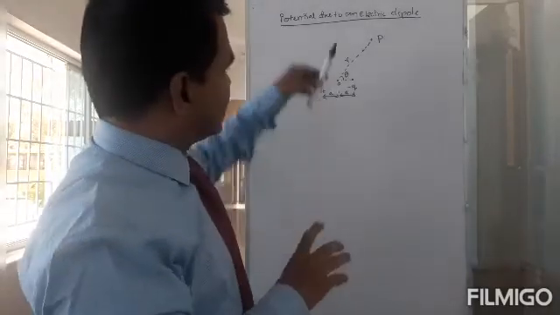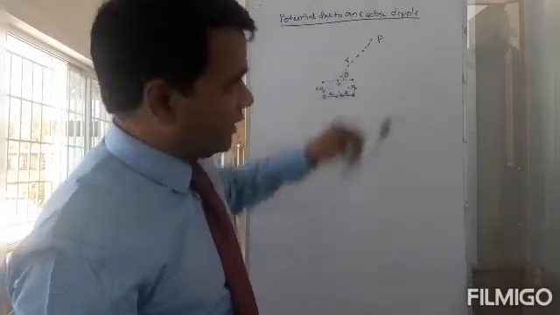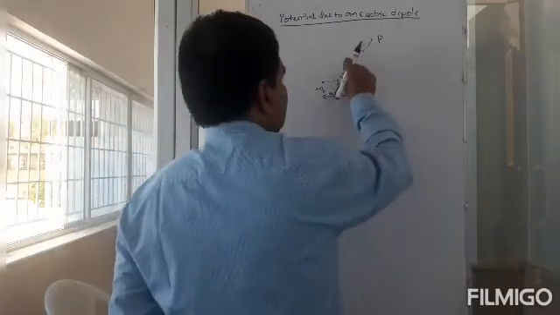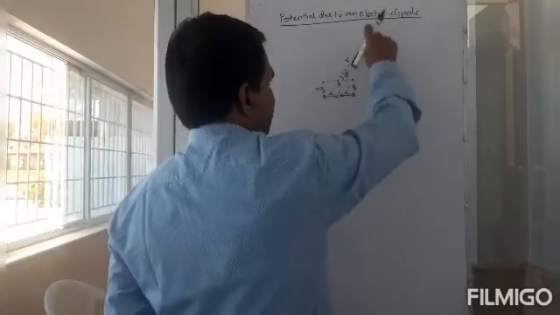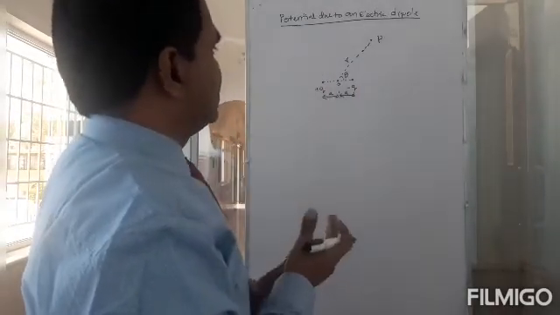When you measure r, we are measuring it from the center of the dipole. And this is the angle theta that r makes.